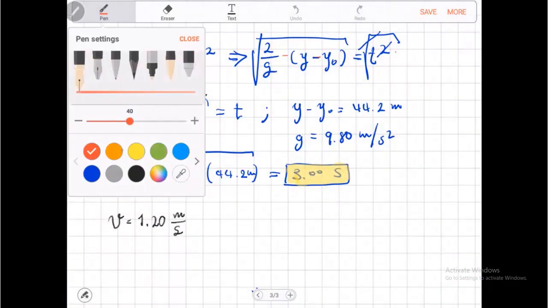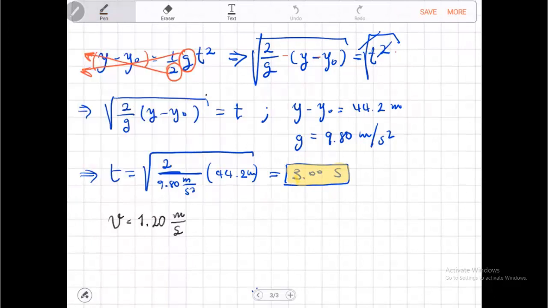Because that is the same time, we know that the time is the 3.00 seconds we calculated earlier. And because he is moving at constant speed, we use the formula for constant speed: the distance is velocity times the time.